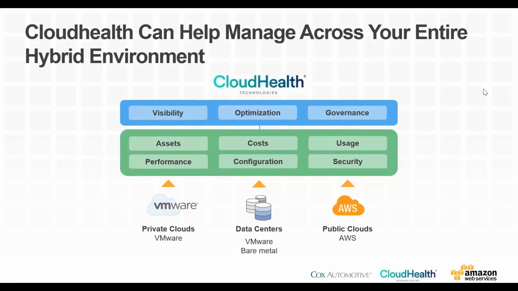So before I hand off, I want to do a quick overview of CloudHealth and what we provide as a platform. As I mentioned at the beginning, we do cloud service management. We deliver a SaaS solution that provides optimization and governance for Amazon customers as well as customers who have infrastructure and data centers, particularly VMware customers.